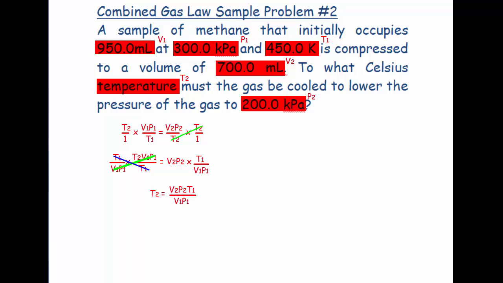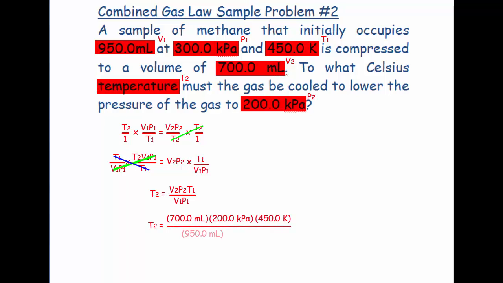Now that we've rearranged the equation, the only thing that remains is to do the substitution and calculator work. V2, well, that's 700.0 milliliters. P2, that's 200.0 kilopascals. T1, 450.0 Kelvin. All of that over V1, which is 950.0 milliliters, and P1, which is 300.0 kilopascals.